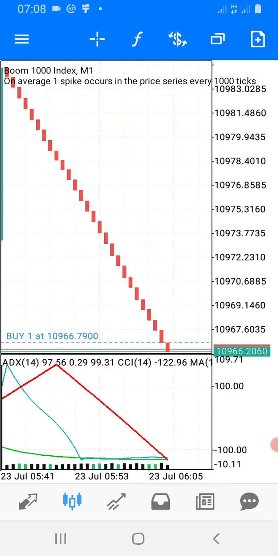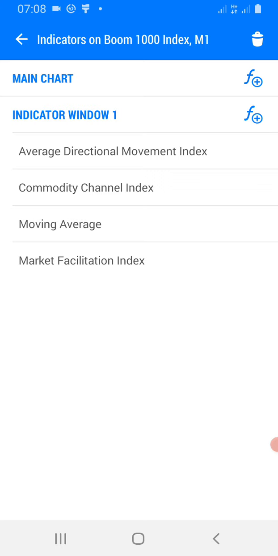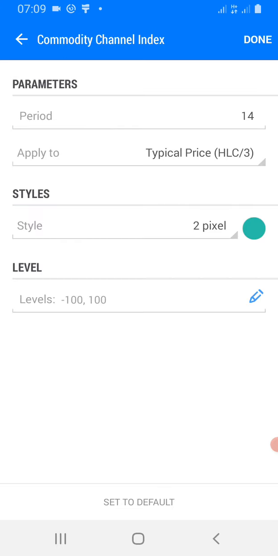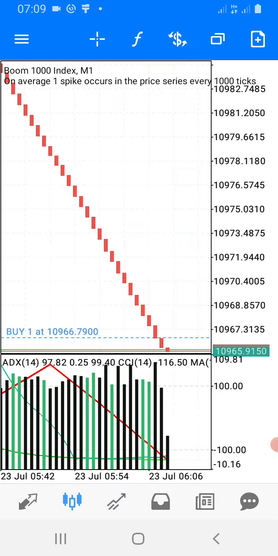You click done. The next indicator is the Commodity Channel Index, period 14, apply to typical price, 2 pixel. The levels are negative 100 and positive 100. You click done. I hope you can set these indicators, guys.